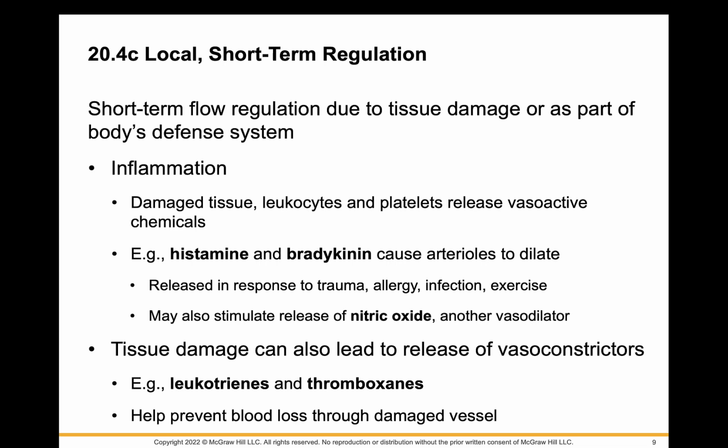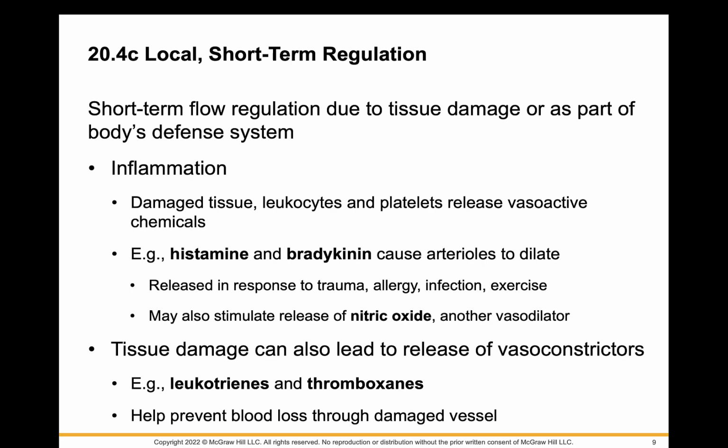Now, we can also see a change in flow due to the inflammatory response. When we look at tissues that are damaged, a number of things are going to result in the release of vasoactive chemicals. It could be damaged tissue, platelets, etc. What's going to happen here is we're going to see histamine and bradykinin released, and they're going to result in arterioles dilating.